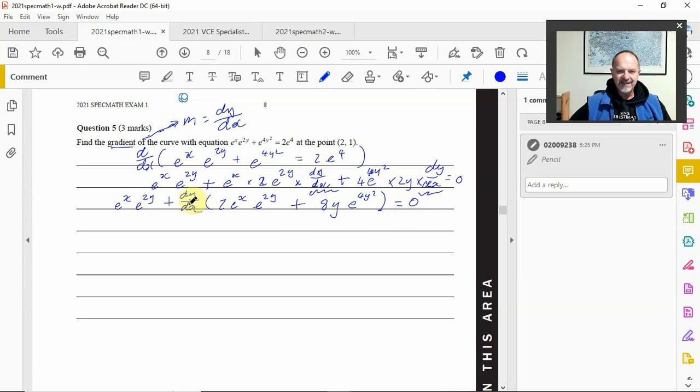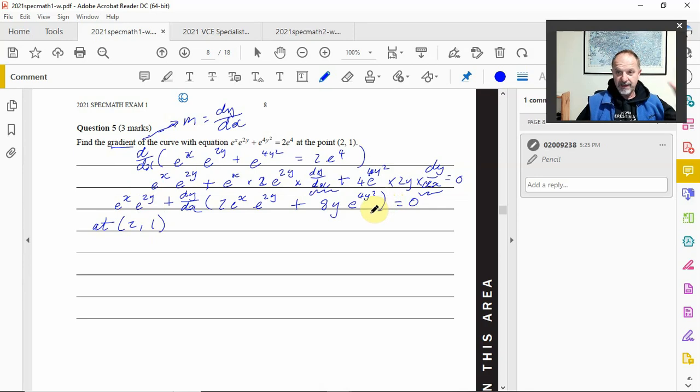Now it asks us to find the gradient. It doesn't ask us to find an expression for dy/dx, it just asks us to find the gradient. So to save some work and some manipulation, I'm just going to substitute in here. At the point (2, 1), substitute x is 2, y is 1 into this equation as it stands without rearranging it.